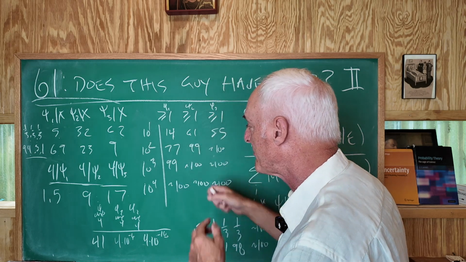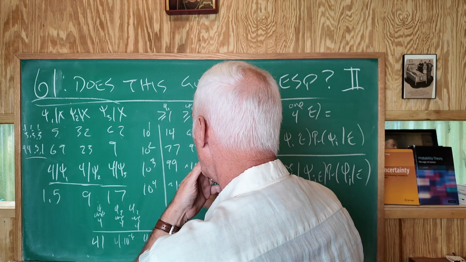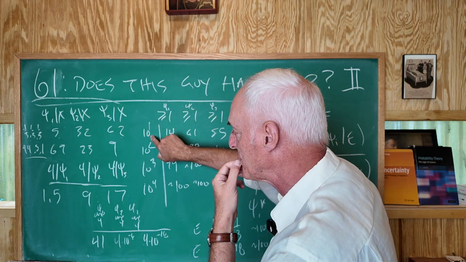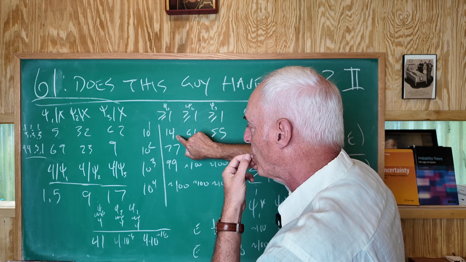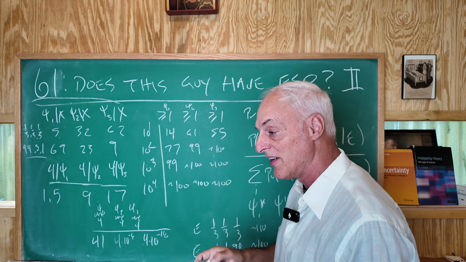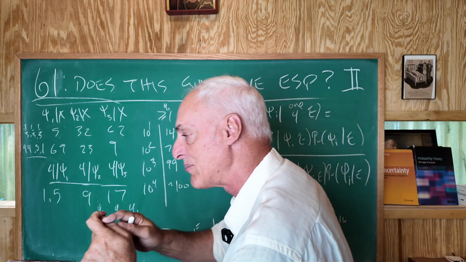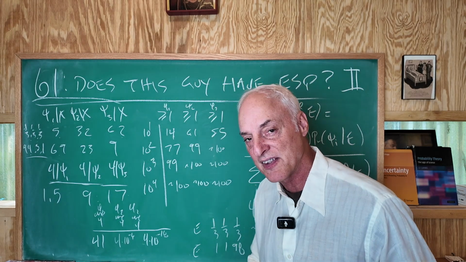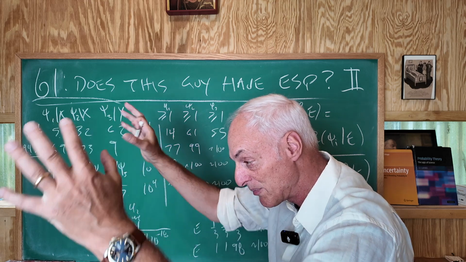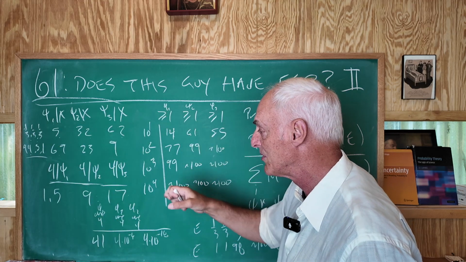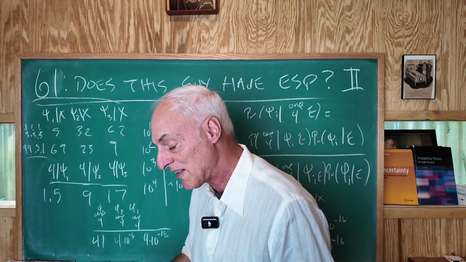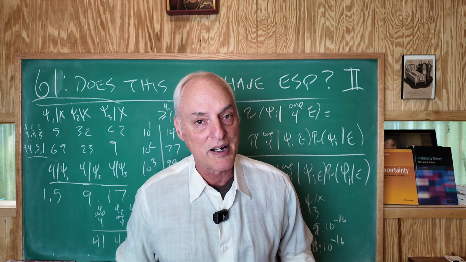So the point of it is, there's a 14% chance that if I run 10 experiments, at least one of these will be statistically significant. That'll give me a 4 or higher. If I run 100 experiments, there's a 77% chance. Remember, this is our no psychic abilities hypothesis. There's still a 77% chance if I run the experiment 100 times.